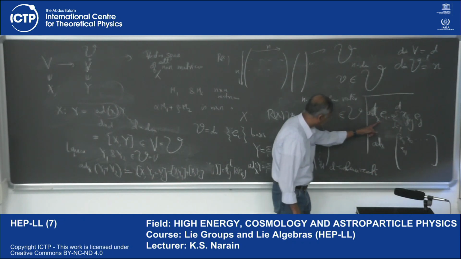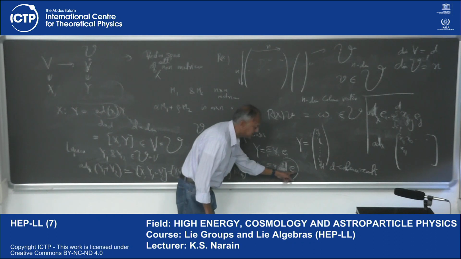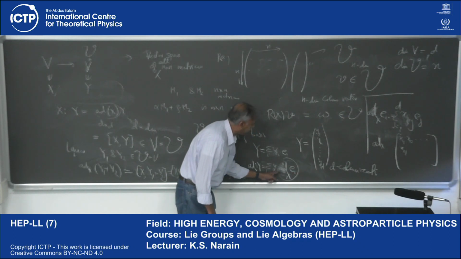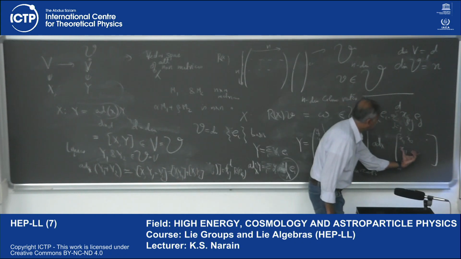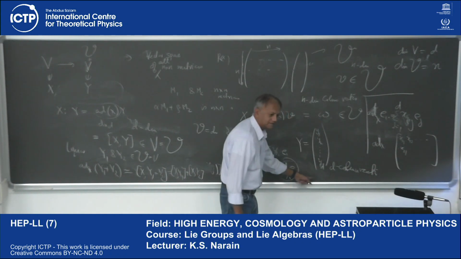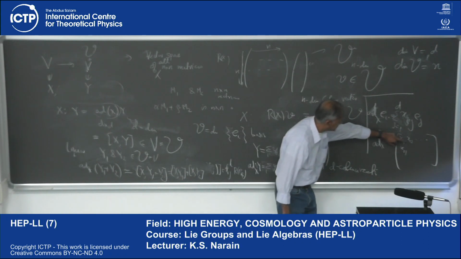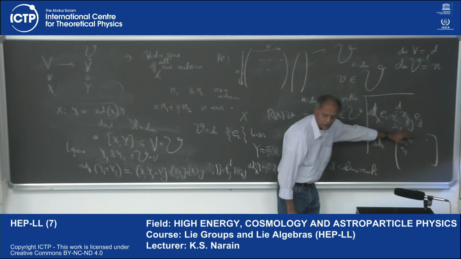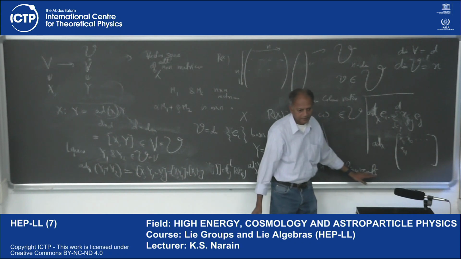If you plug that into this expression, it just becomes x_ij e_j, so the coefficient of e_j is y_i x_ij, which is exactly what you get when you multiply this matrix by this column vector. You have to check carefully whether it's a transpose of this or not, but you can understand that I can write it as a D by D matrix.